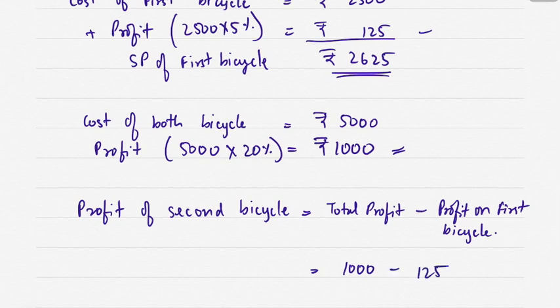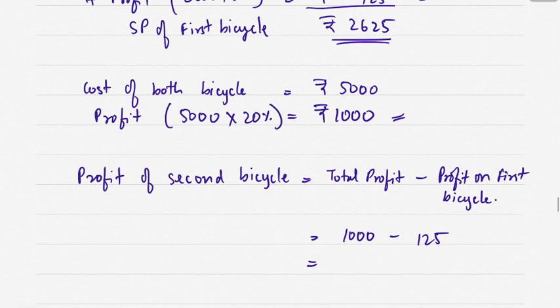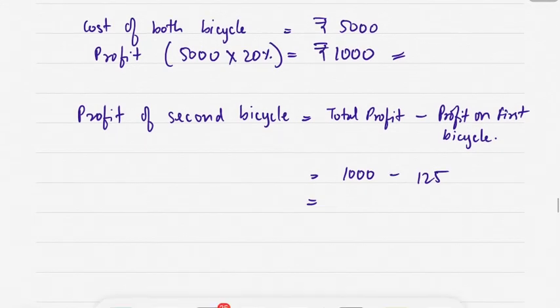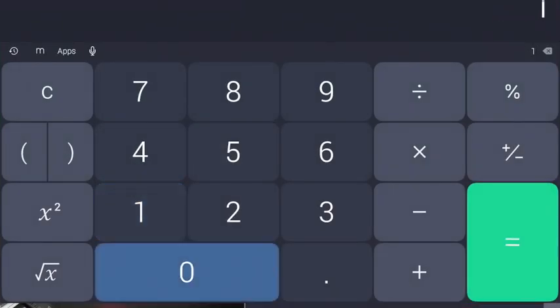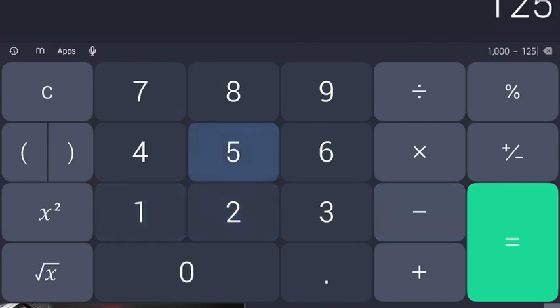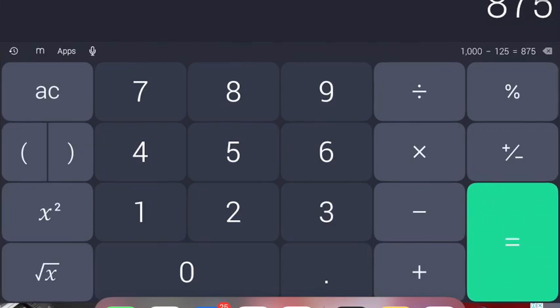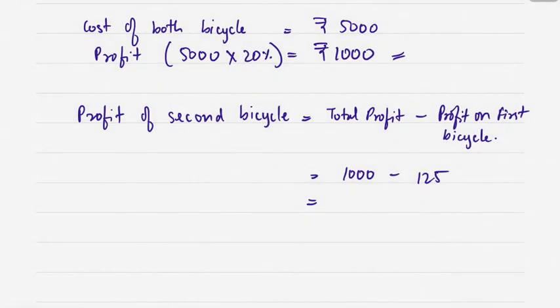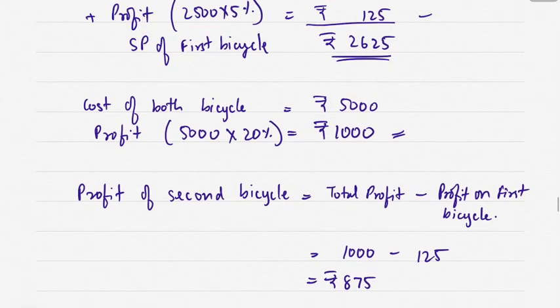Out of 1,000, 125 he has already made. So how much is remaining? So 1,000 minus 125, which is 875. He needs to make 875 rupees profit.